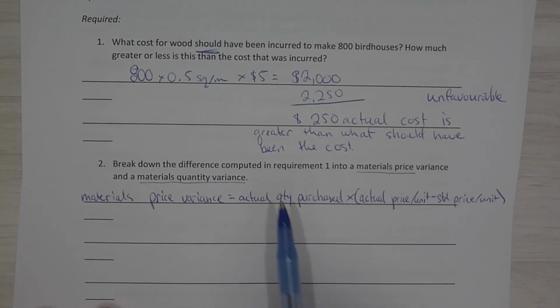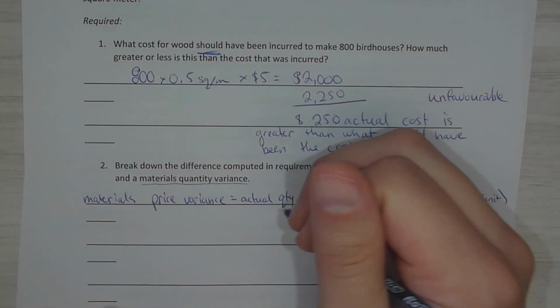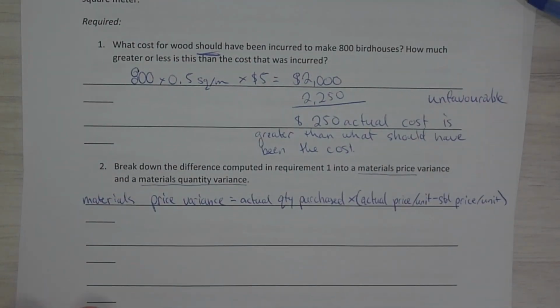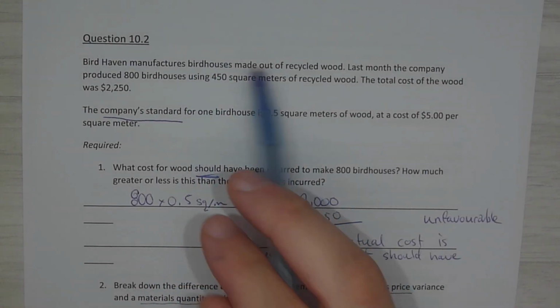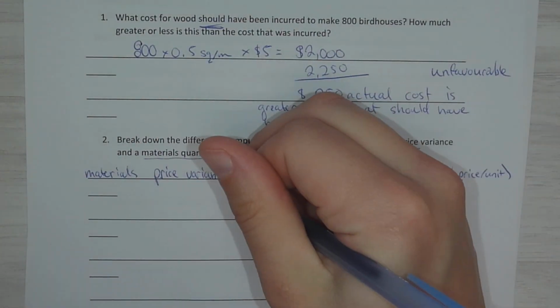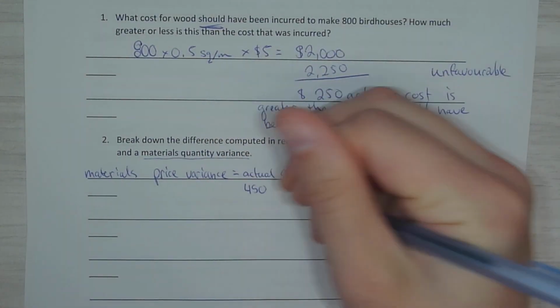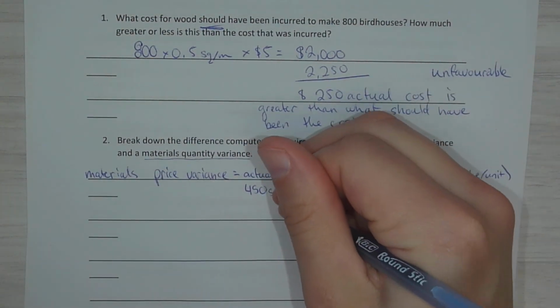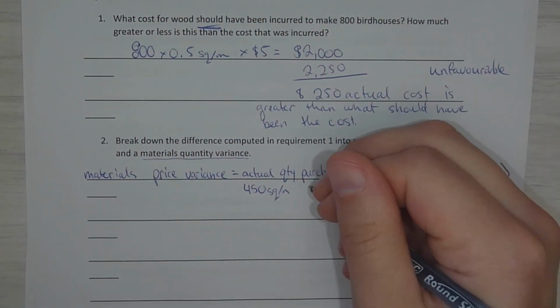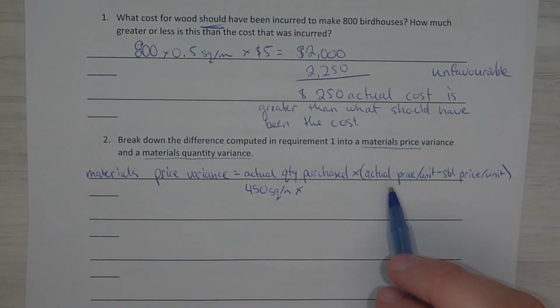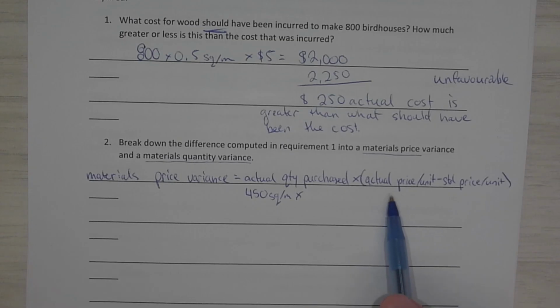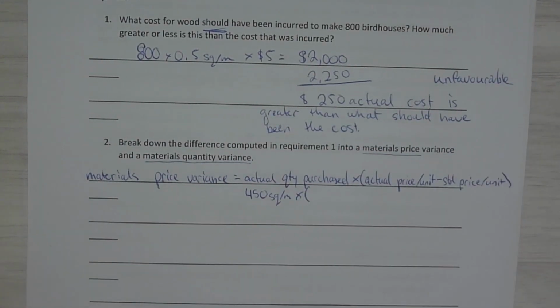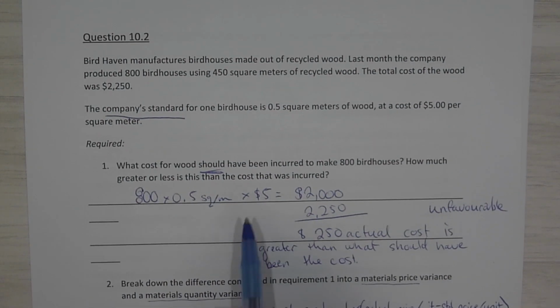All right, so let's enter this formula in. We've got an actual quantity purchased. What we used here is 450 square meters. We'll multiply that by the actual price per unit. To determine that, we need to determine what we actually paid per unit.